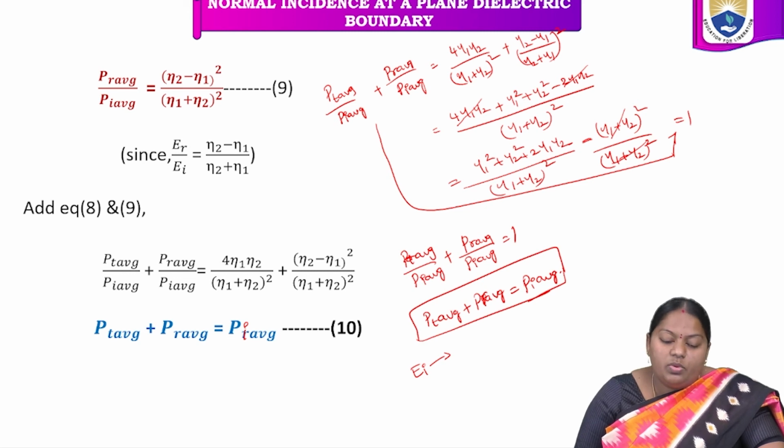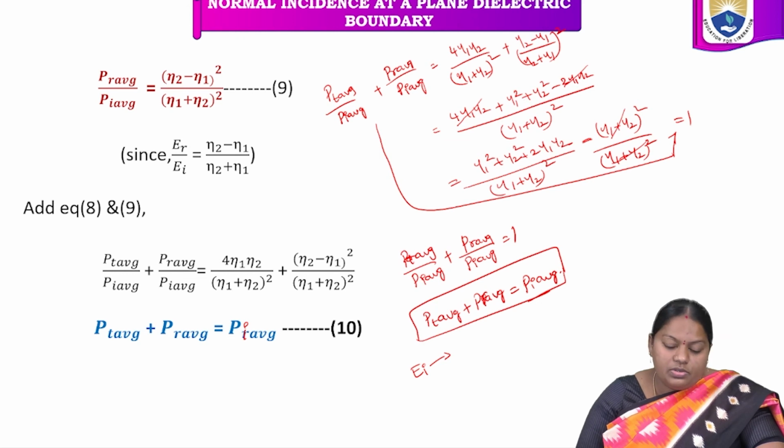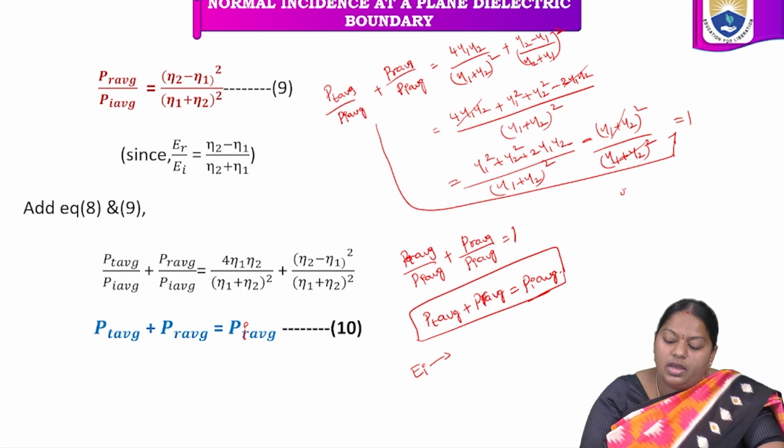So now, to derive the mathematical equations for the transmission coefficient and reflection coefficient of the normal incidence at a plane dielectric boundary, we have considered two homogeneous media, meaning both medium 1 and medium 2 are dielectric media. To analyze that, firstly we have the characteristic equations, where sigma is assumed to be 0.